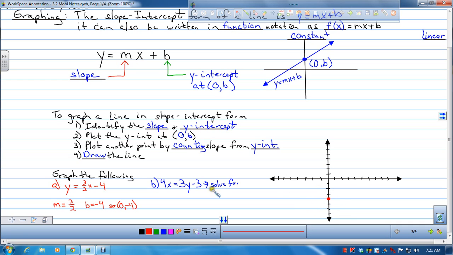And then if I use the slope 3/2, that means I need to go up 3, 1, 2, 3, and over 2. Notice I counted that slope from my y-intercept. And then I can count again if I wanted another point, up 1, 2, 3, over 2, 1, 2. And typically 3 points is plenty. So let's go ahead and graph that line there.